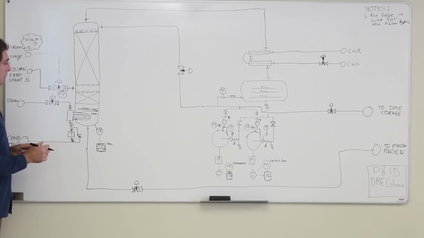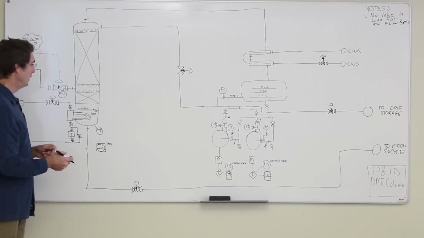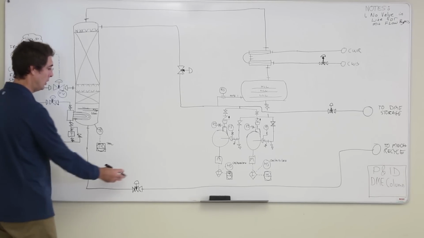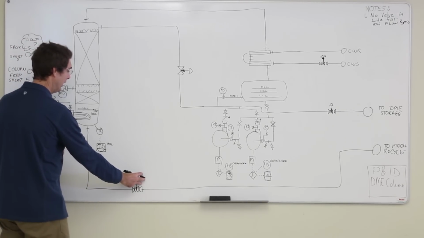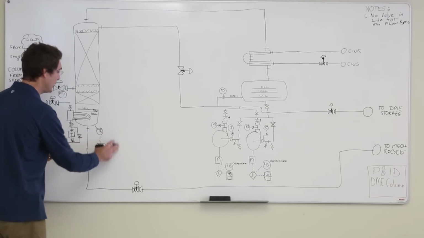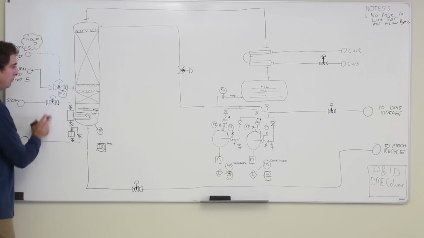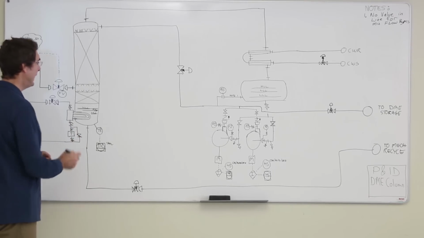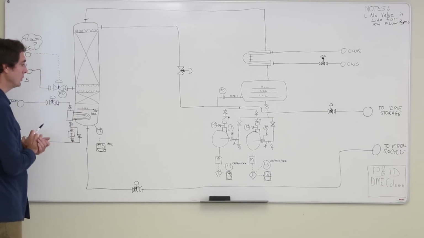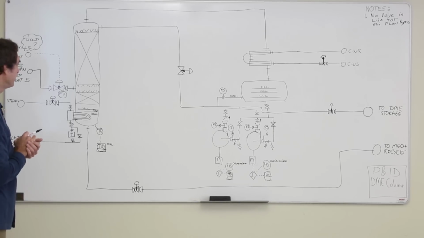We can also probably flip it around and put the level control on here and attach the temperature control to this valve. That would probably help us with the inverse response in this tower.